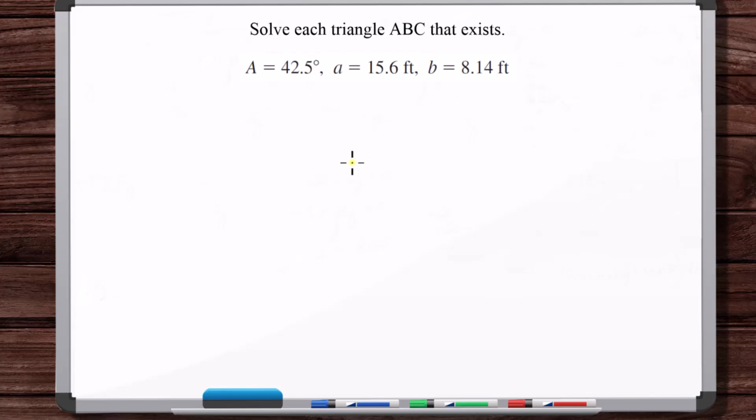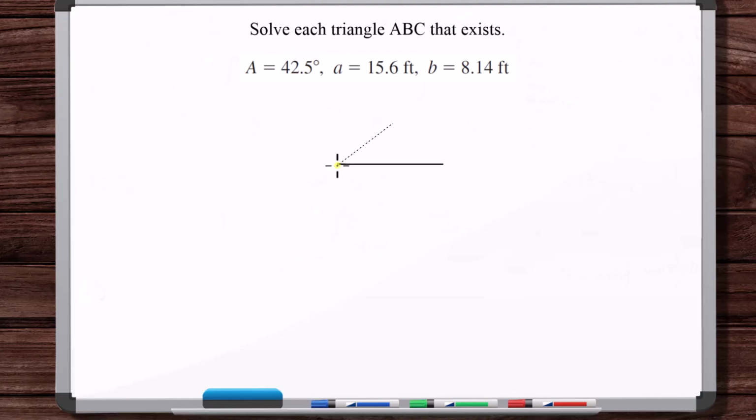But we can draw this out, as we talked about in the textbook section. Here's the side length that we don't know. And here's the angle that we do know, and we'll put it at approximately 42 degrees.